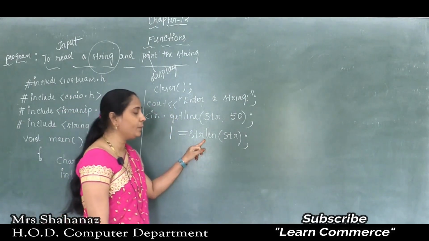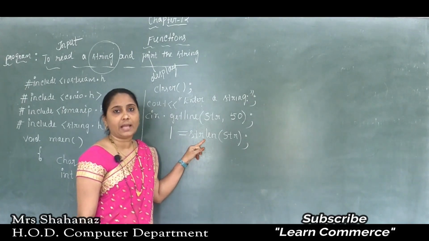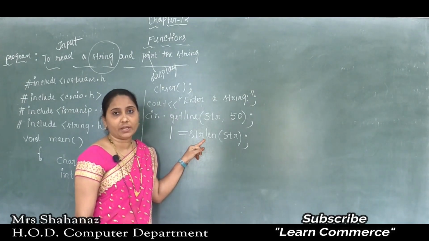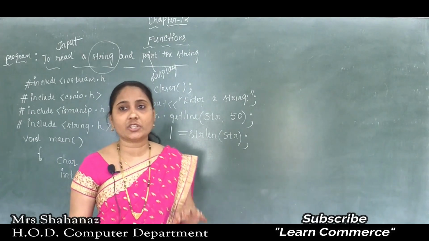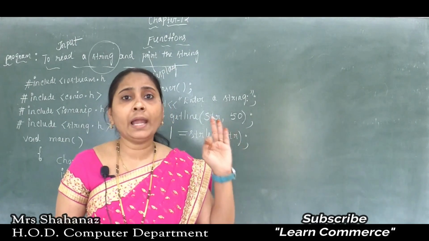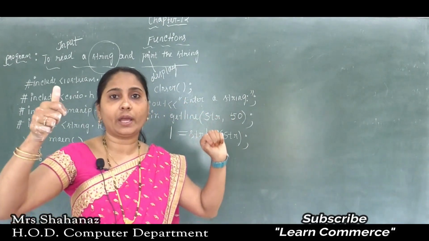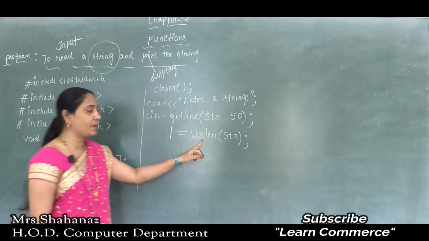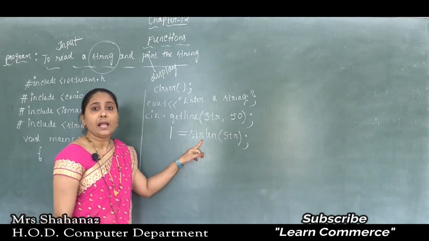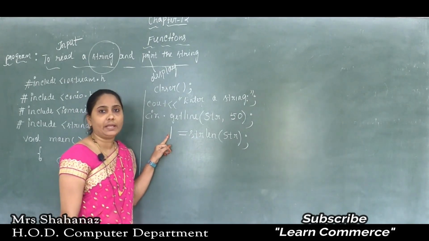So now the meaning of this strlen: strlen means the length of the string here. So in case you enter a string as Mumbai, MUMBAI, on that time it is going to give the length of the characters. Now such number of characters is there in the variable L.